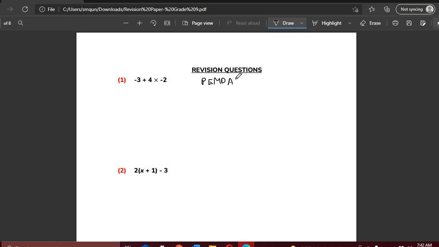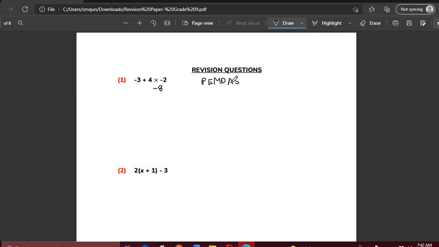Okay, there are no parentheses or brackets here. There are no exponents, but we do have multiplication, so we're going to do that first. Okay, the rules for directed numbers says that when you're multiplying two numbers with different signs, you will always get a negative product. So this is going to be -8.